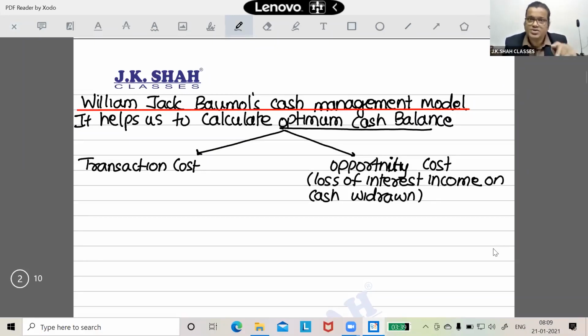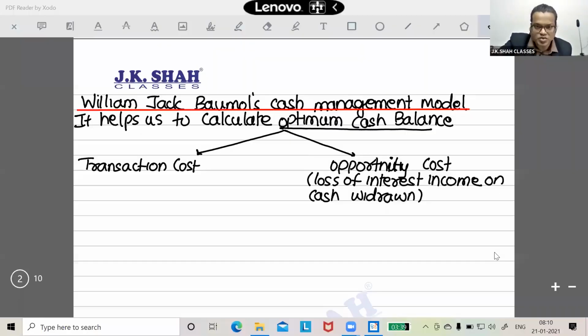Did you understand the opportunity cost? I'm asking you people again. The moment I withdraw the cash and keep it at home, what do I lose? I lose the interest part. Everybody who is present, is this concept clear? Okay, fine.